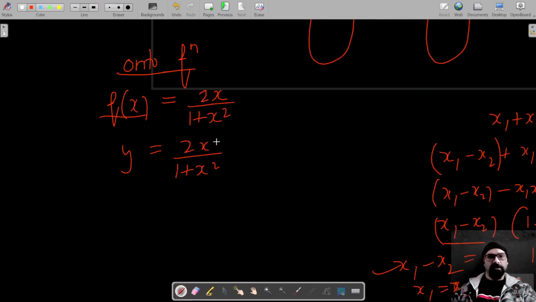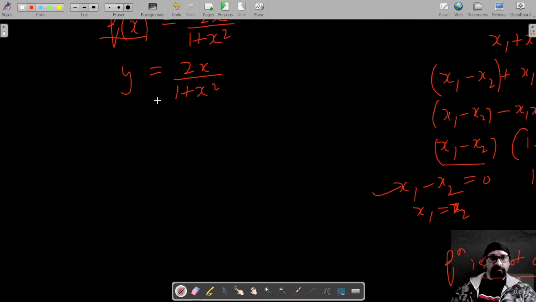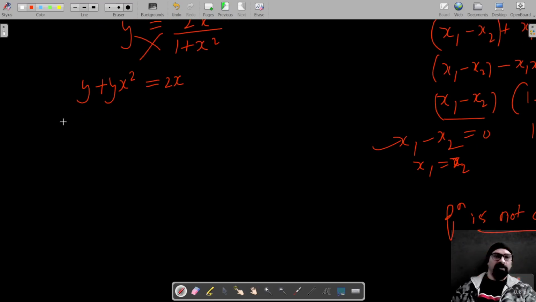And we have to check for every y there should be an x. So if I cross multiply this, which gives me y plus yx square is equal to 2x, and I can write it as yx square plus y minus 2x is equal to 0.